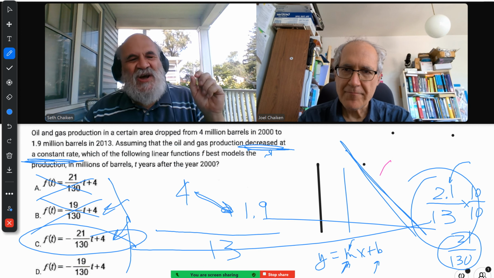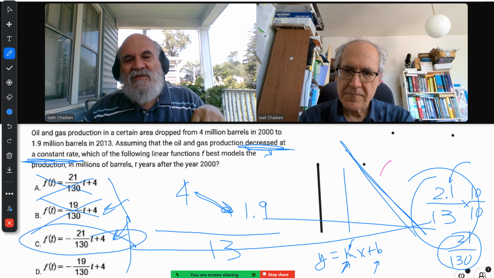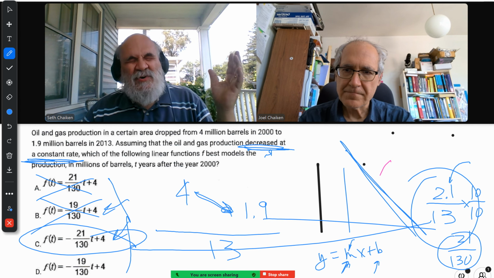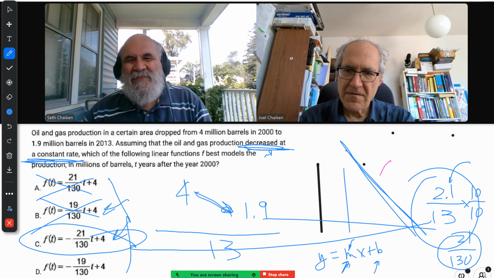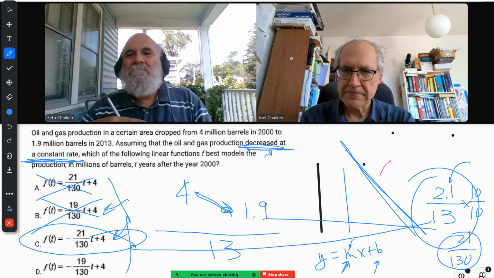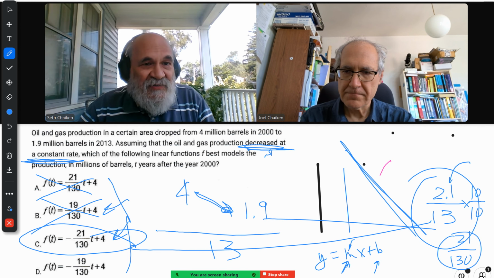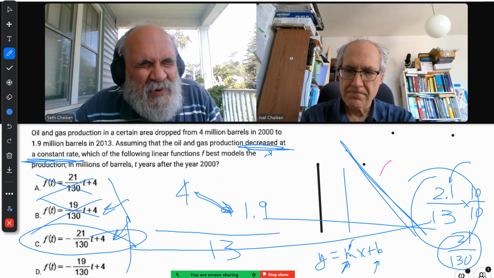So we should check the choices with t equals 0. And they all come out to 4. Which matches the 4 million barrels in 2000. And of course, the units in this problem are millions of barrels of oil production.